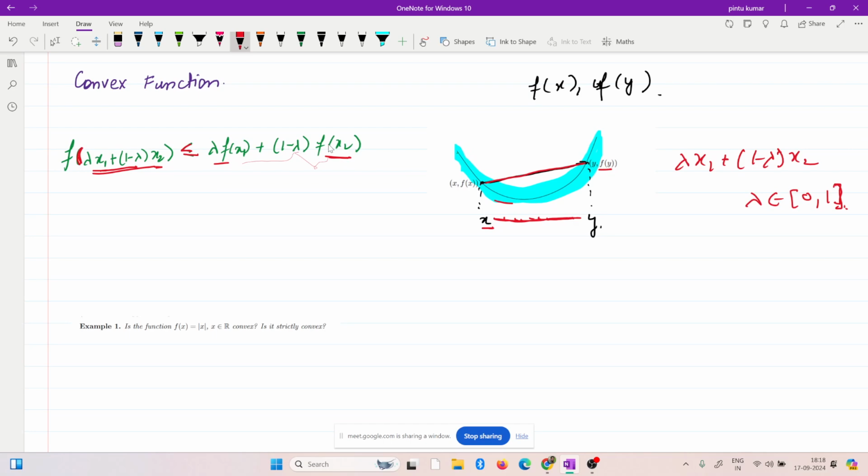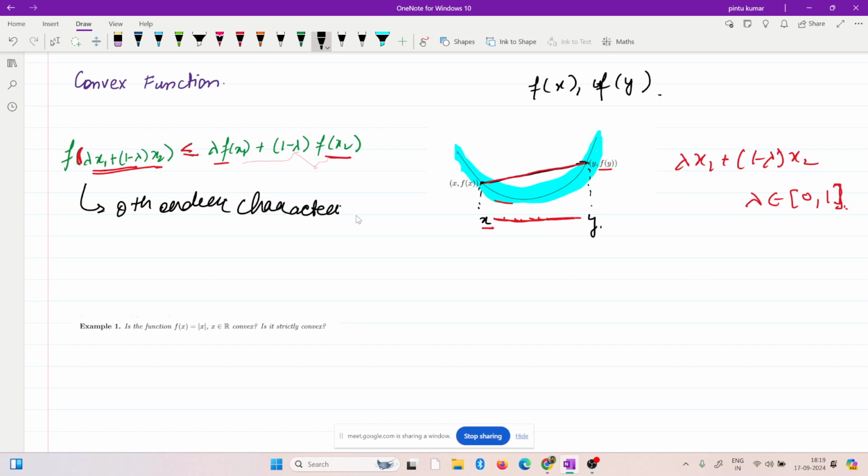So this is the definition of your convex function. And intuitively what I said is, if you take any 2 points and you draw a line between f of x and f of y, your function values always remains below this line. Okay. So this many a times is also referred as zeroth order characterization of convex function.